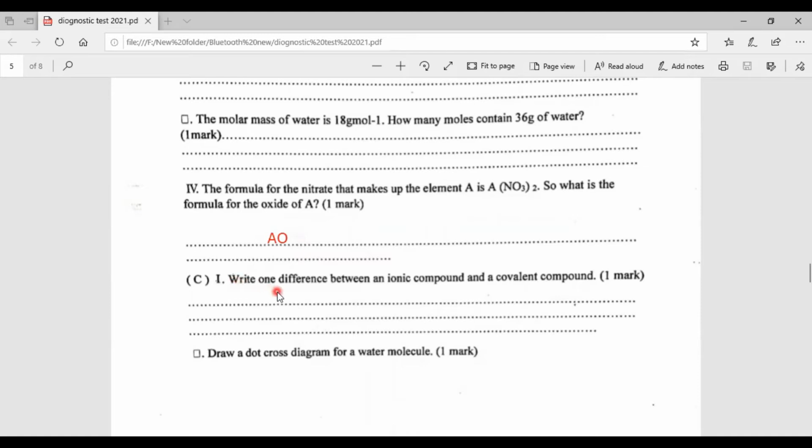C, question number 1. Write one difference between an ionic compound and a covalent compound. Okay, write down.